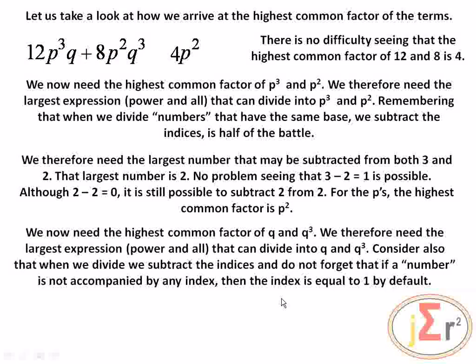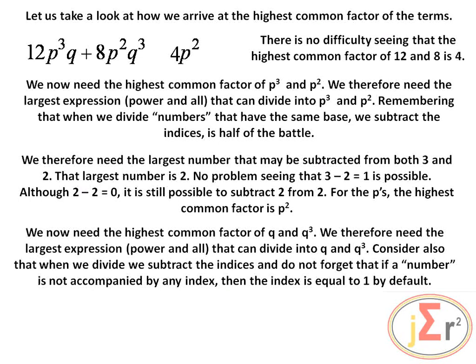What about the q's? We now need the highest common factor of q and q cubed. We therefore need the largest expression, power and all, that can divide into q and q cubed. Consider also that when we divide, we subtract the indices, and do not forget, if a number is not accompanied by any index, the index is equal to 1 by default.